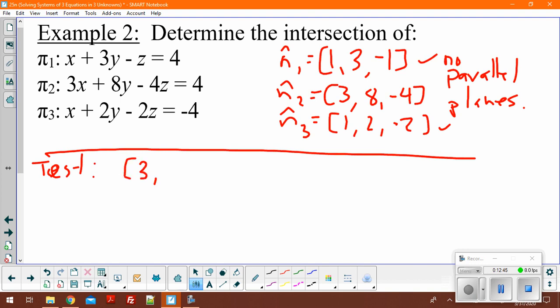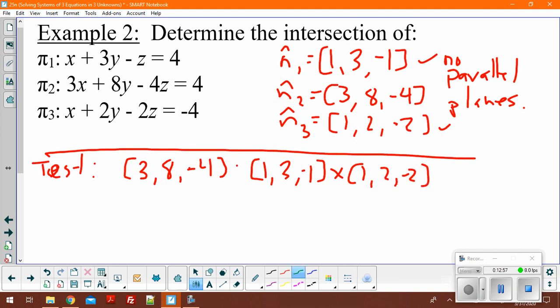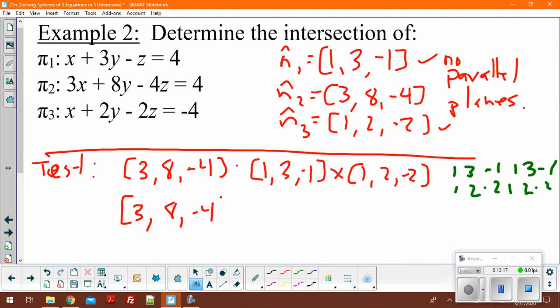So I'm going to do 3, 8, -4, dotted with 1, 3, -1, crossed with 1, 2, -2.